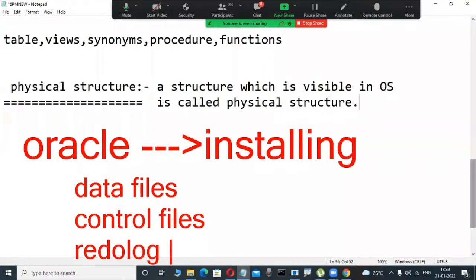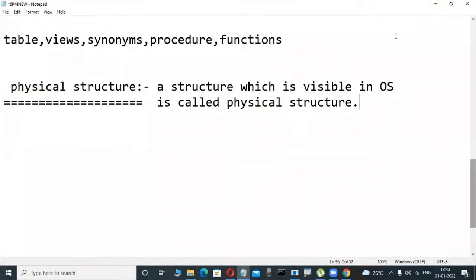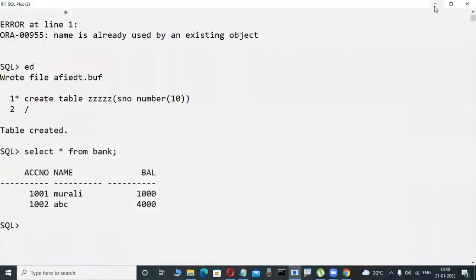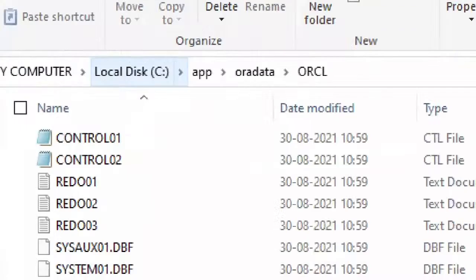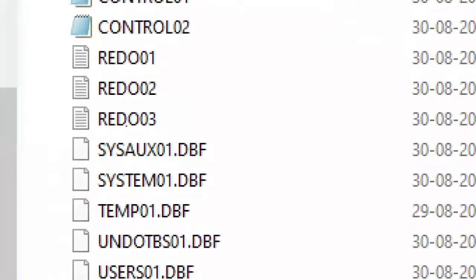You don't have an idea about these things. In the future, in the DBA concept, this is a rough introduction in our course. Observe here, whenever I'm installing Oracle software, for example, some files are automatically created in the disk. Observe here, in the C drive, D drive, some files are created here.